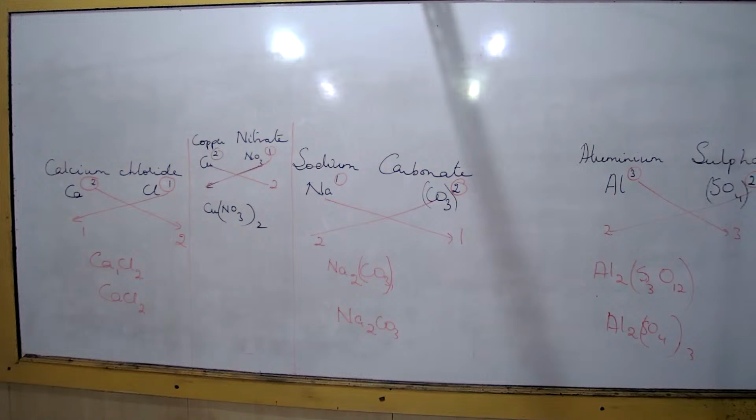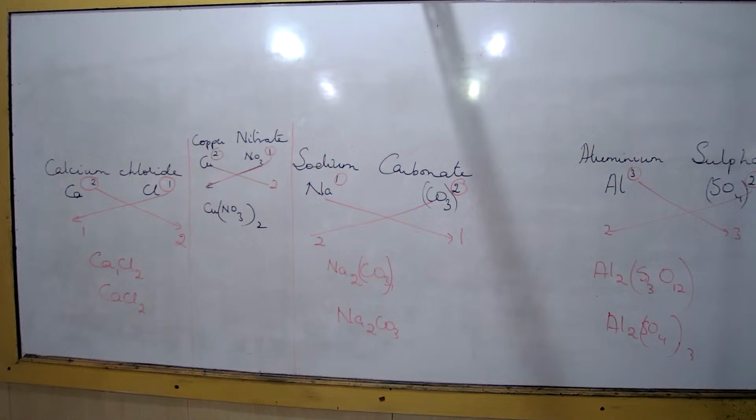Why is cuprous nitrate CuNO3? Because of the valency. Cross and exchange. You are not paying attention. What is the valency of cuprous? No, cupric. The higher valency is IC, I told you. I said cuprous.